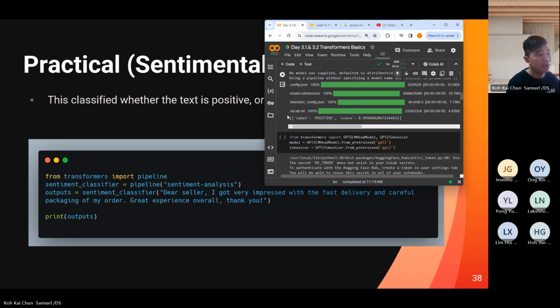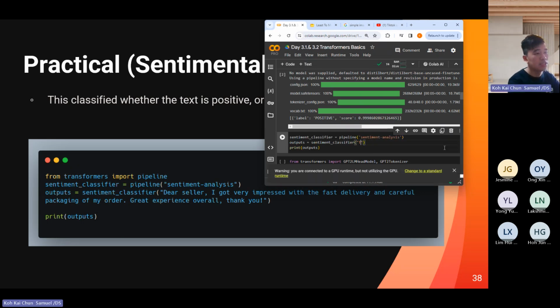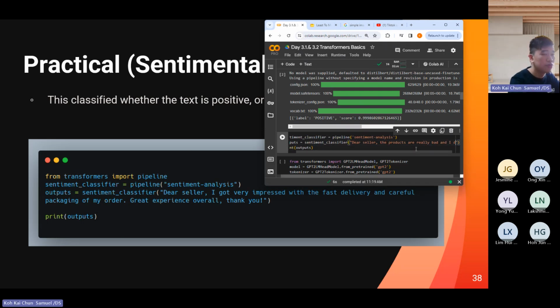So what about something negative? I will just copy this over. Let's say a negative sentence: Dear seller, the products are really bad and I do not recommend buying from this seller.